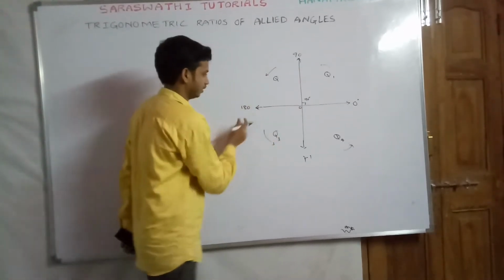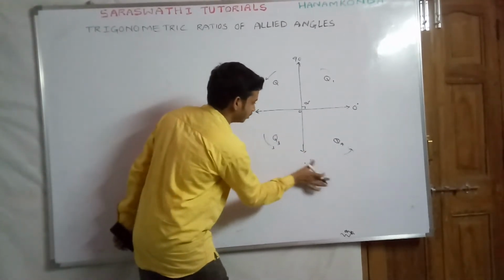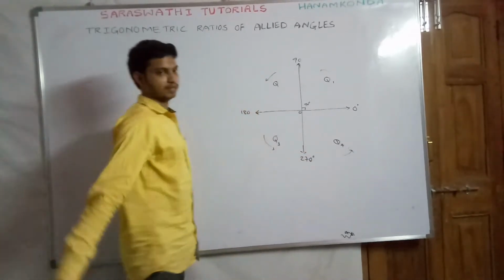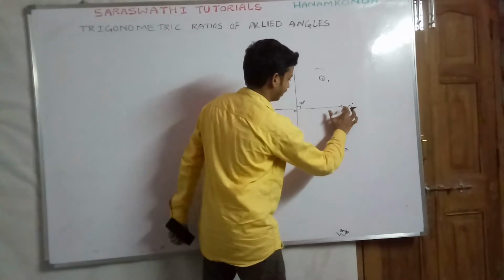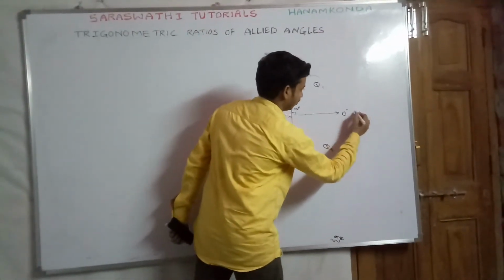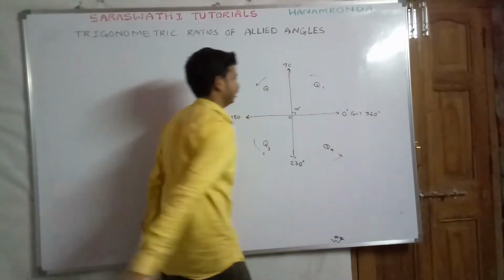Again 90 degrees, so 180 plus 90 is 270 degrees. Then 270 plus 90 is 360 degrees.